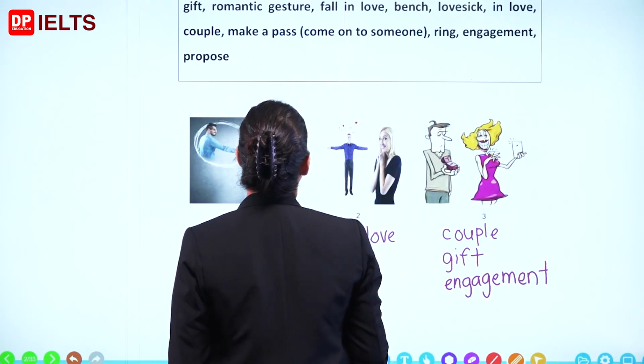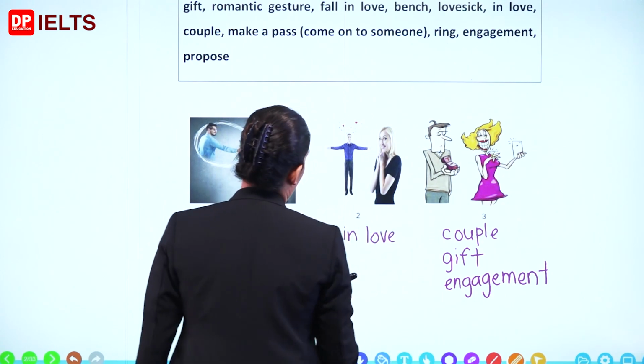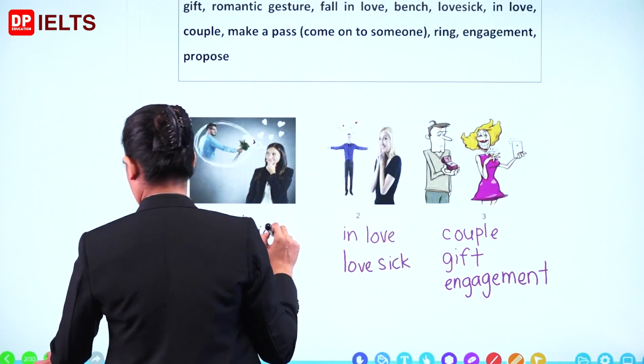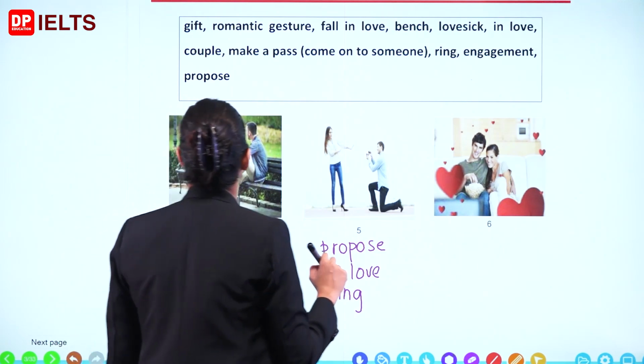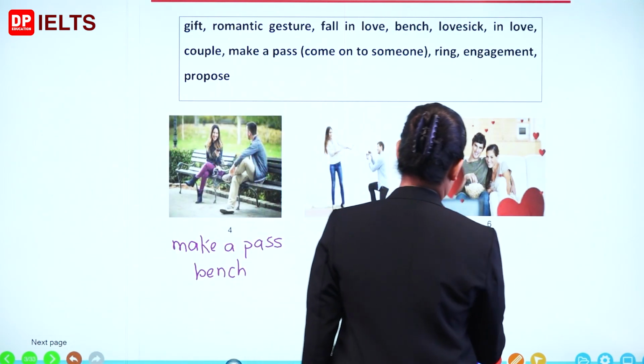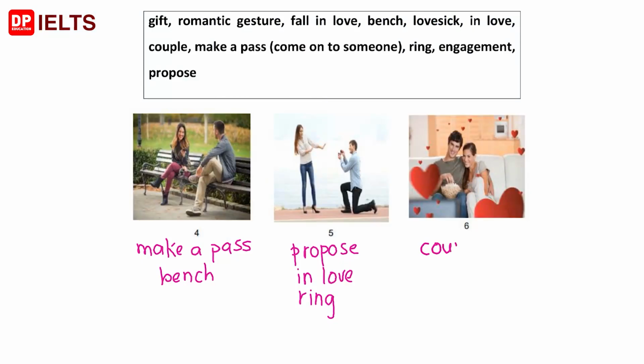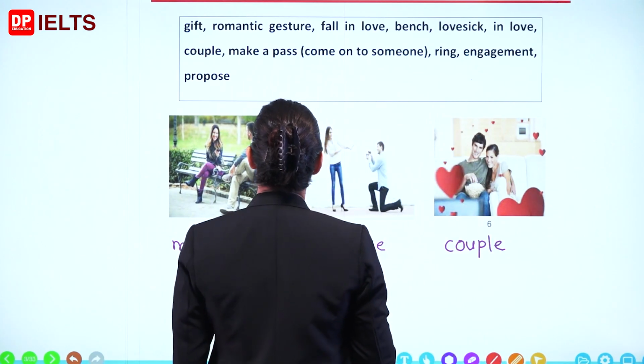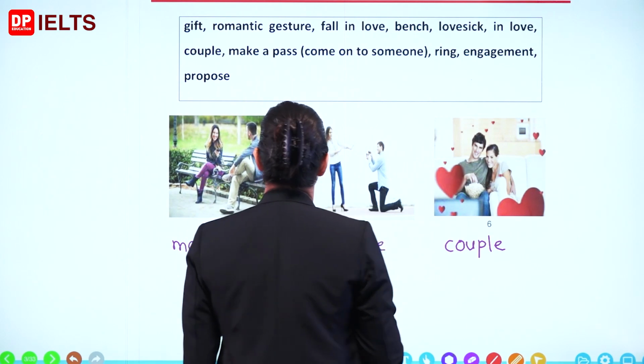This could be, what else? Lovesick, where you really want to fall in love with someone. Okay. Next one could be couple. Yeah, I think that's about it. We've used all the words, right?